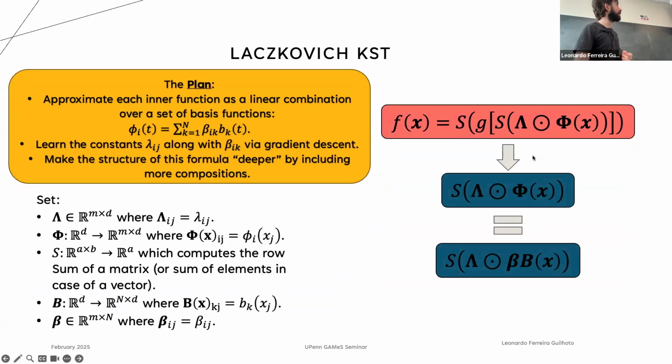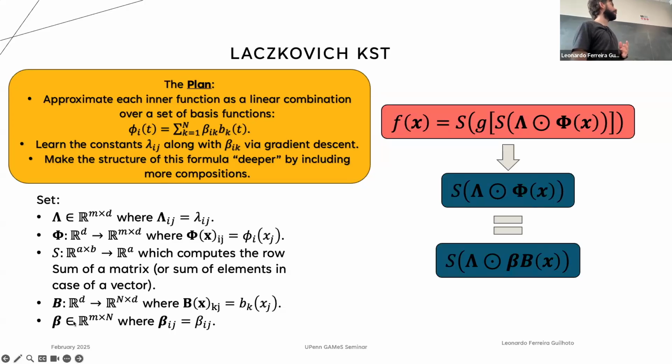if we approximate the inner functions in this form, this can be equivalently expressed as beta times b of x, where again b is basically the basis expansion. Once again, it's going to be a matrix. B(x) is going to be a matrix where the kj entries is bk of xj.